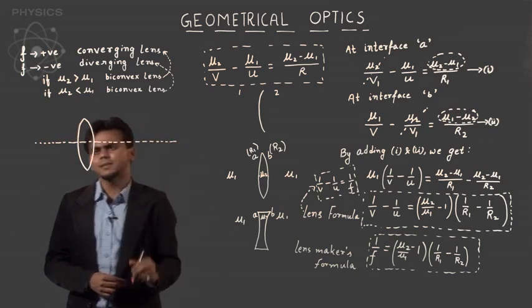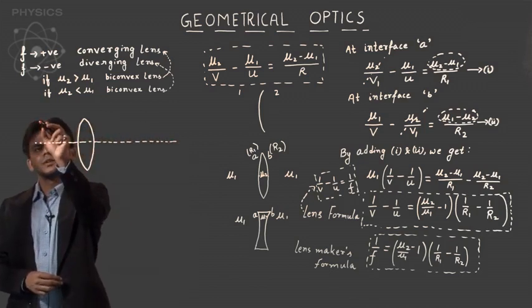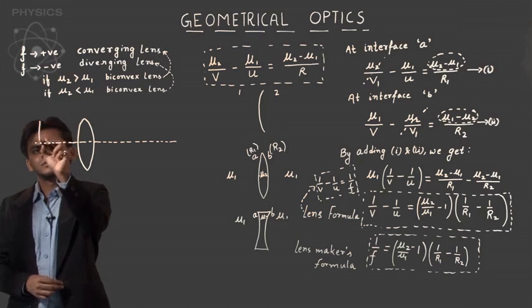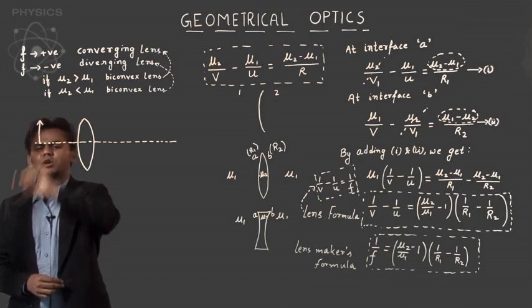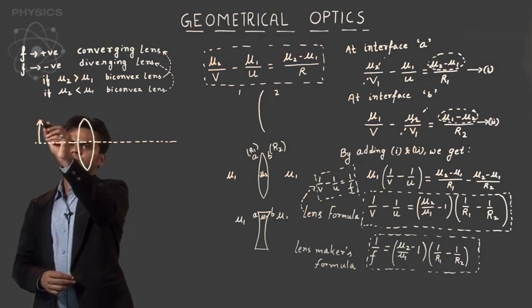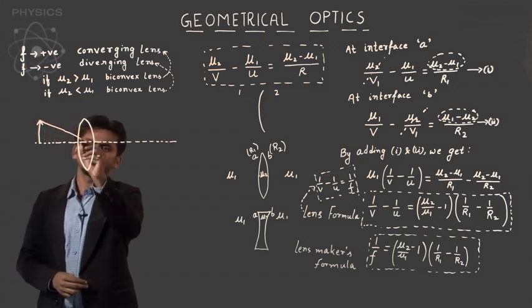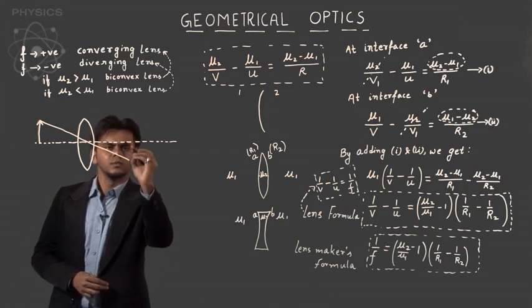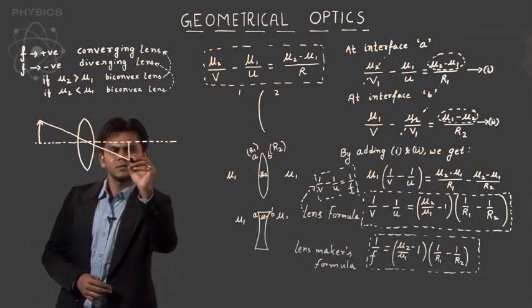I could have had anything over here. This is the principal axis. This thing over here is your object. An image would be formed something like this.